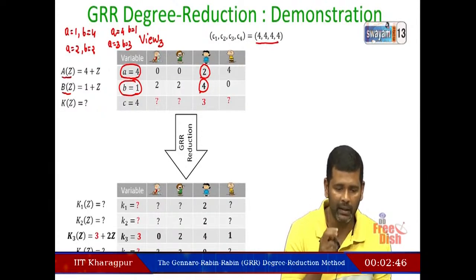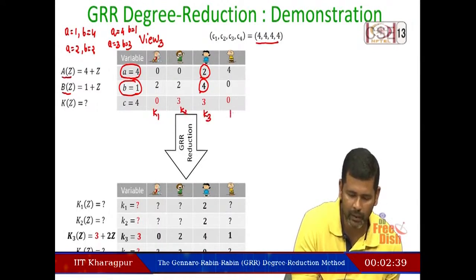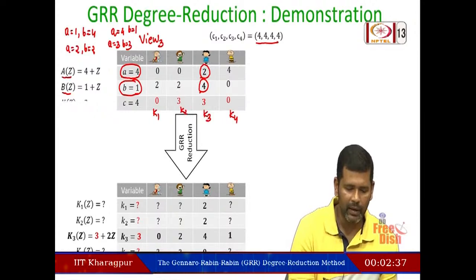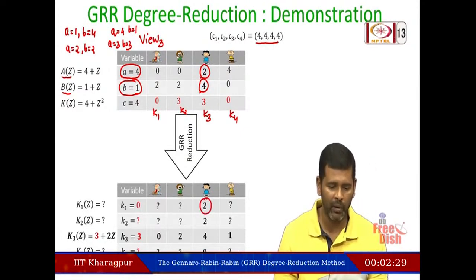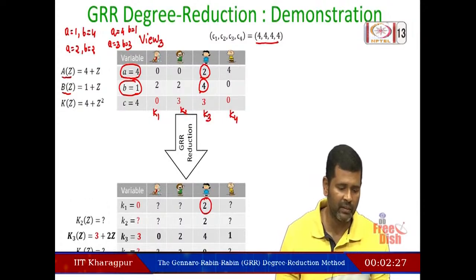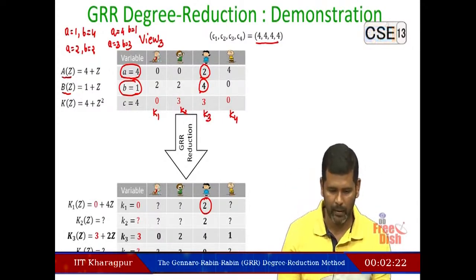Then once the shares of A and B are fixed with respect to whatever hypothesis P 3 is making in her mind, that also fixes K 1, K 2, K 3, K 4. Now, if K 1 is fixed to 0, given that P 3 has seen the share 2 for that unknown K 1, together that freezes the K 1 polynomial that P 1 would have used.